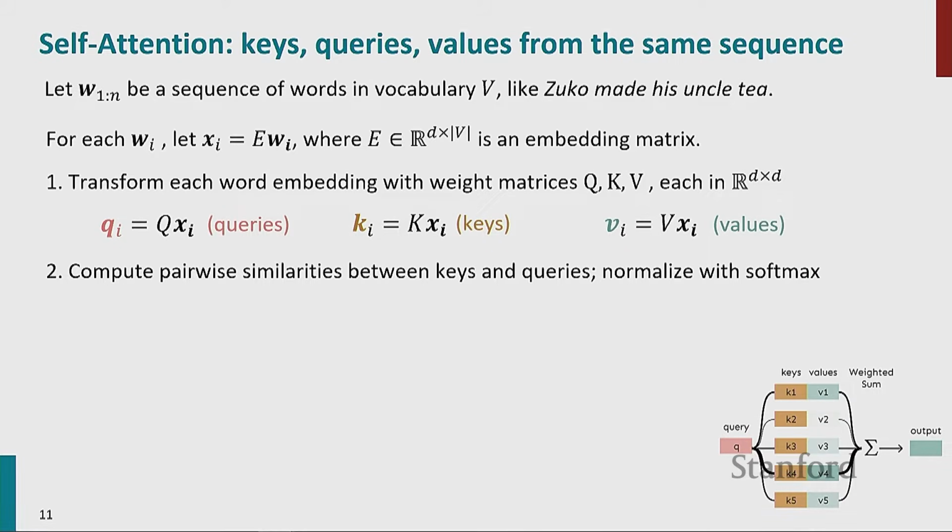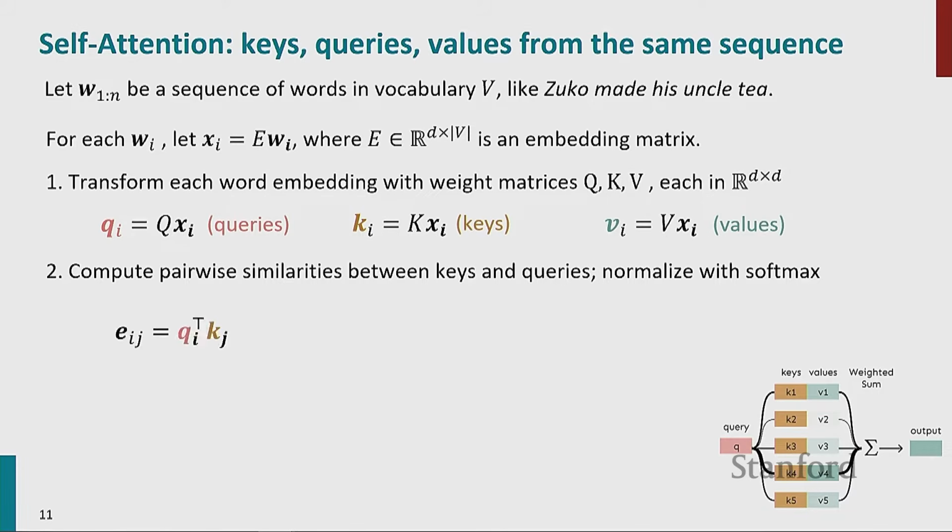Next, I'm going to compute all pairs of similarities between the keys and queries. In the toy example we saw, I was computing the similarity between a single query for the word "learned" and all of the keys for the entire sentence. In this context, I'm computing all pairs of similarities between all keys and all queries because I want to represent all of these sums.